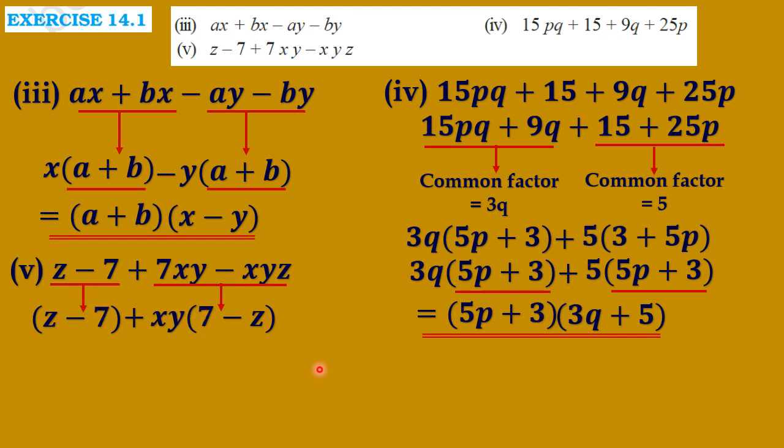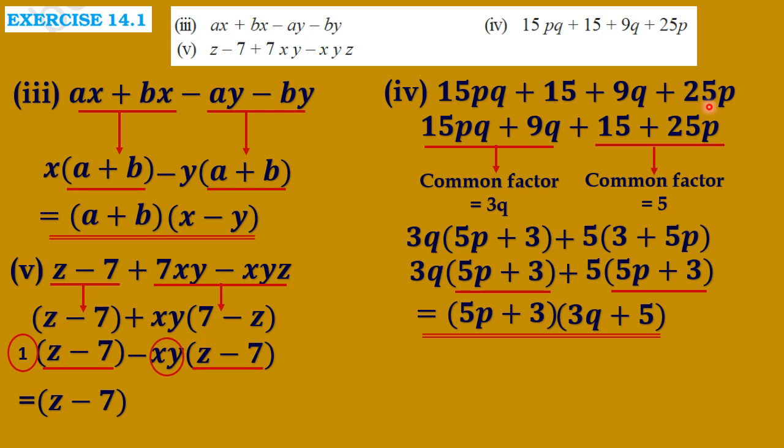Minus 7 plus z, or I can write it as z minus 7. See? z minus 7 plus minus xy into z minus 7. So now you have z minus 7 in common. Take it out. So what is left? 1 there, here xy. So 1 minus xy.